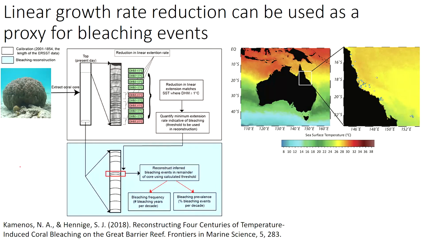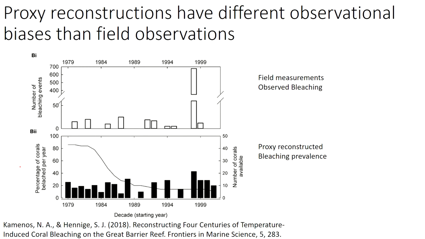So we can have a look at the results of this study, and this was quite a controversial study when it came out. So I guess we just focus on the top graph here. These are survey data, where people have actually gone out and observed the conditions on reefs through time, from the 80s through to 2000. And the really striking thing about these data at the top is that 1998 was a really exceptional year.